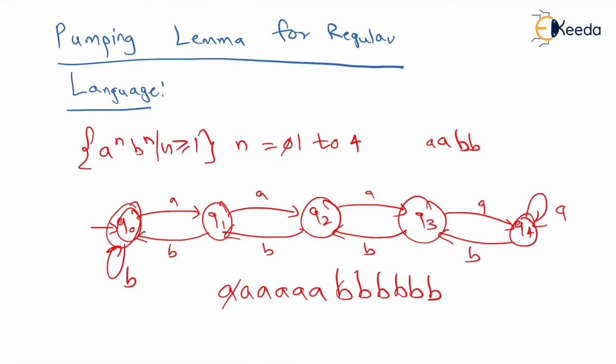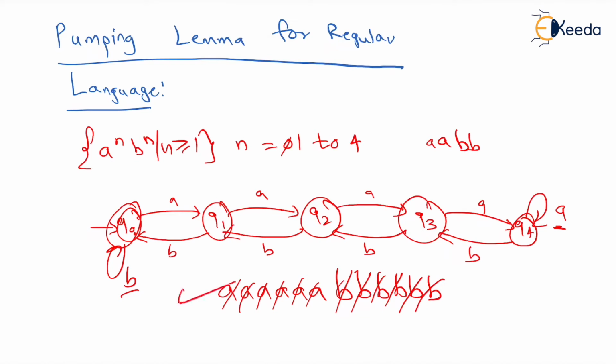Of these 6 a's, 4 a's would be utilized for going from q0 to q4, and the remaining a's would be in the cycle of q4 itself. So 2 of the a's would be in q4 itself. Further, 4 b's would be utilized in coming back to q0, and 2 of the b's will be utilized in the q0 cycle itself, and this machine is accepting for n greater than or equal to 1.